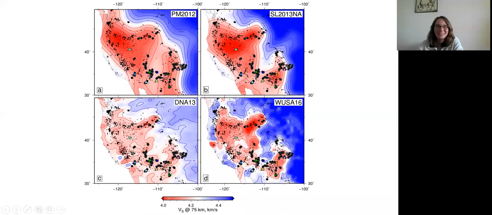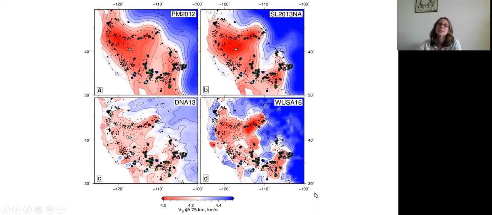Okay, so here are 4 examples of tomographic models that all have come out of the USArray, or use USArray data. The top 2 are global models, so they are quite coarse resolution, whereas the bottom row are regional examples that only look at the Western US, or the contiguous US, and therefore can afford higher resolution.